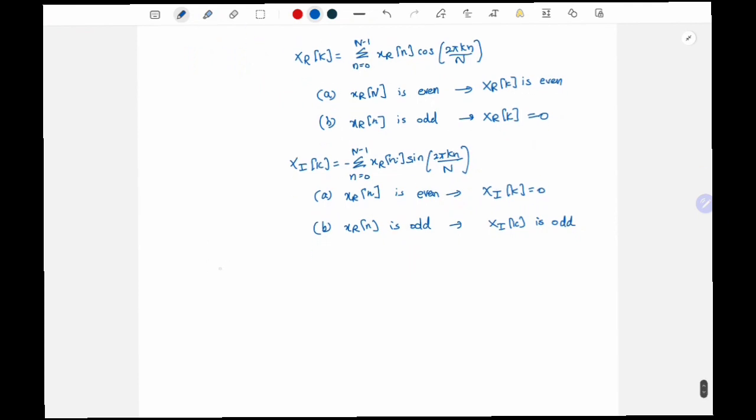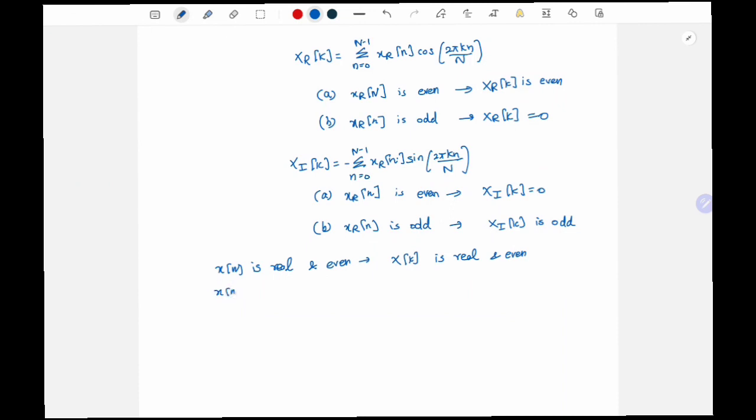So if you consider your x of n is real and even, your X of k is purely real and even.